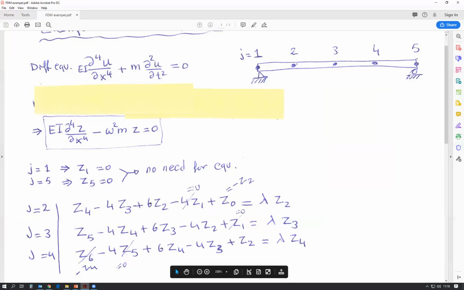Okay, so Z0, which lies outside here, is minus the displacement at point 2. Here, this is Z1 equal to 0. And the same thing here, Z number 6, which lies outside on this side, is the same as Z4, but with a minus sign. And Z5 is 0. Okay?